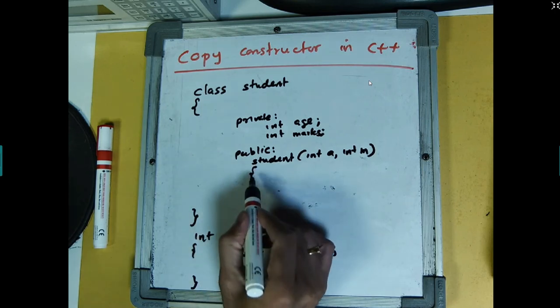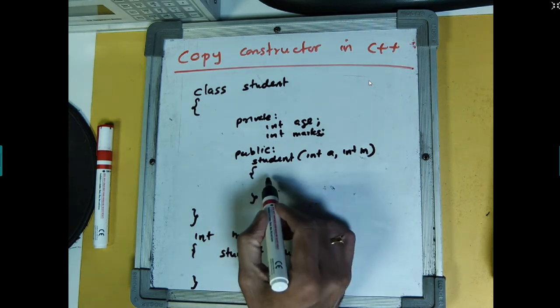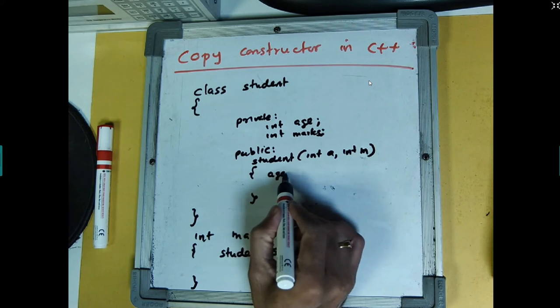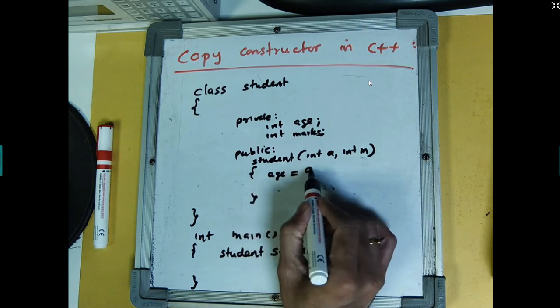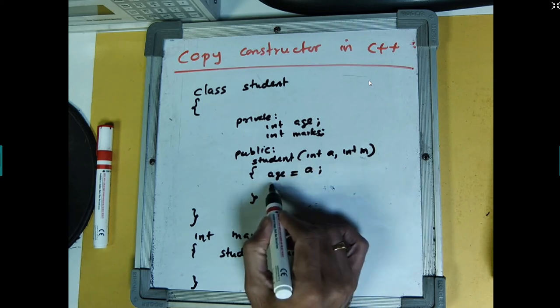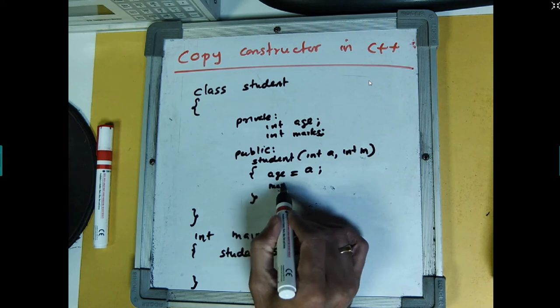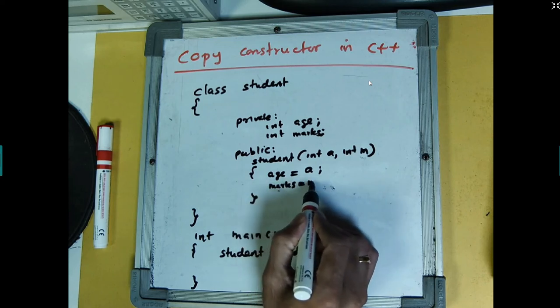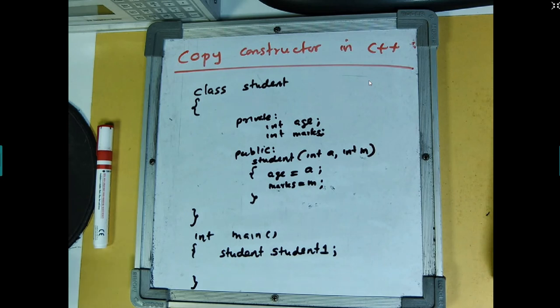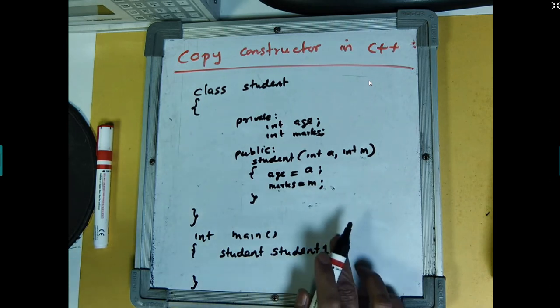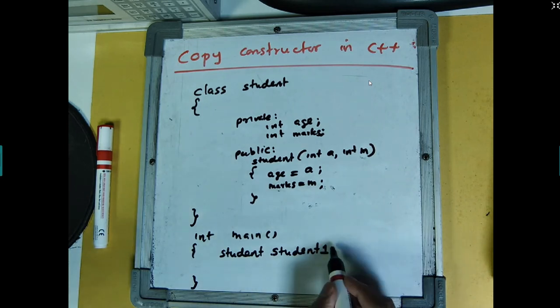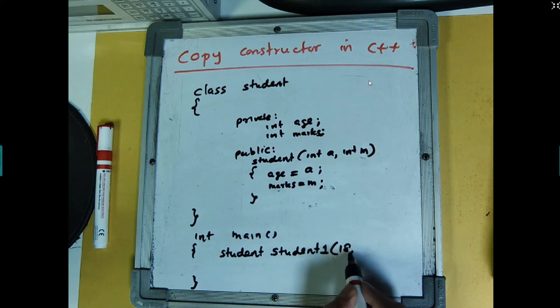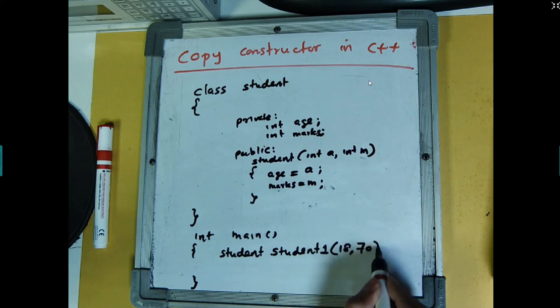Now in this constructor, let's say you have initialized age with a and marks with m. So now you would be passing the student1 through the constructor with arguments. Let's say the student1 age is 18 and marks is 70.